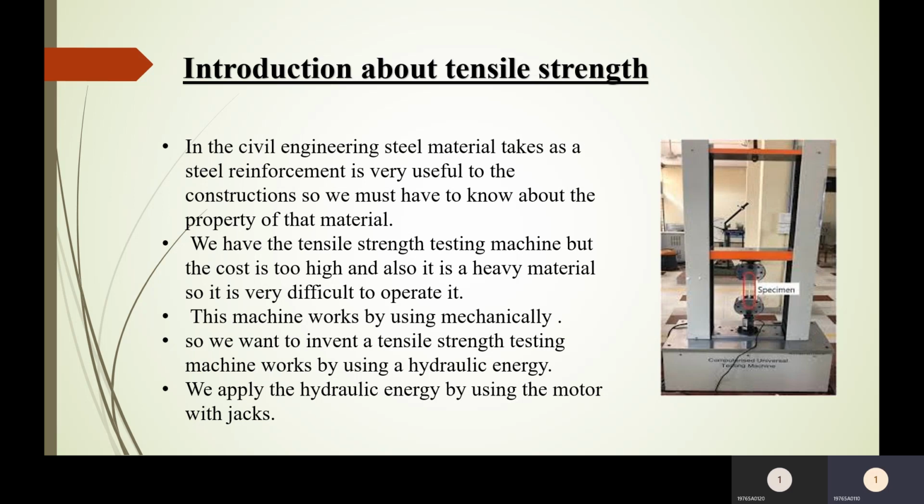This machine's cost is too high and it is made of heavy material, so it is very difficult to operate, and it can also only be operated mechanically. So my project is about running this machine using hydraulic energy with a motor and jacks.